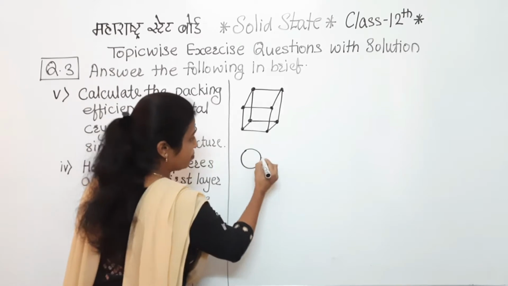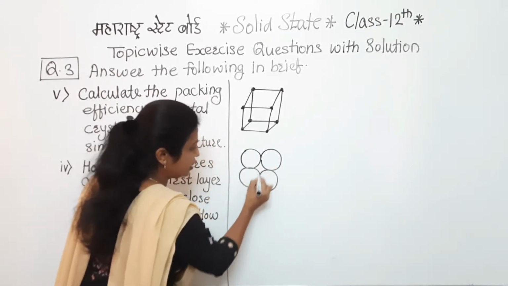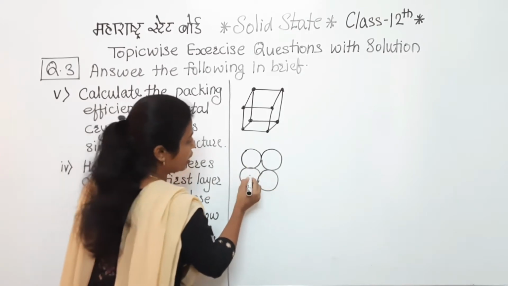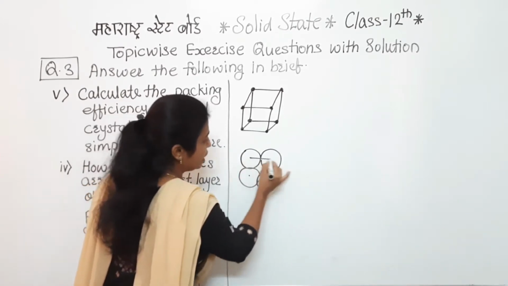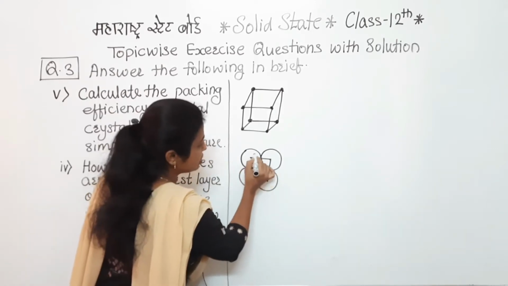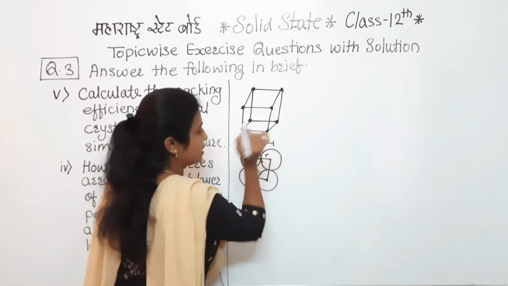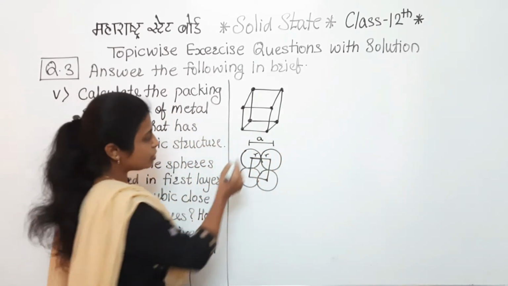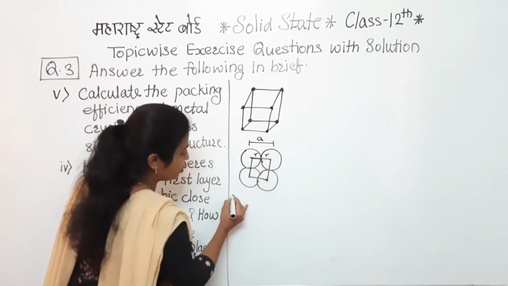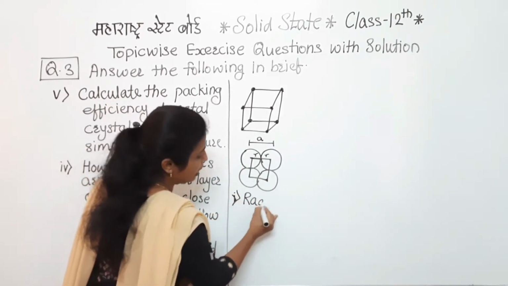each sphere, here this is the sphere, if we consider this sphere with square close packing, and in this way they are adjacent to each other. This distance is called the radius, and this distance is called the edge length. So simply, the first point for the packing efficiency calculation is the radius.